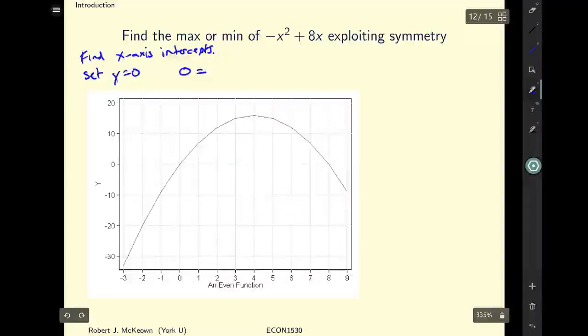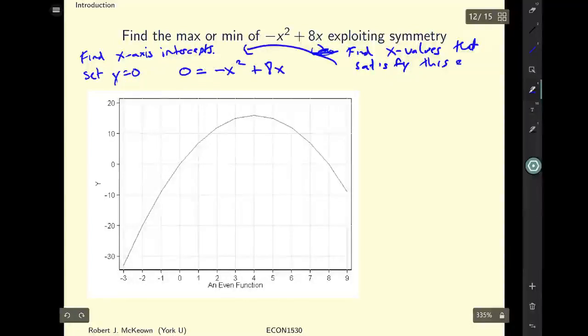So I get 0 is equal to negative x squared plus 8x. And when I do that, I want to find x values that satisfy this equality.